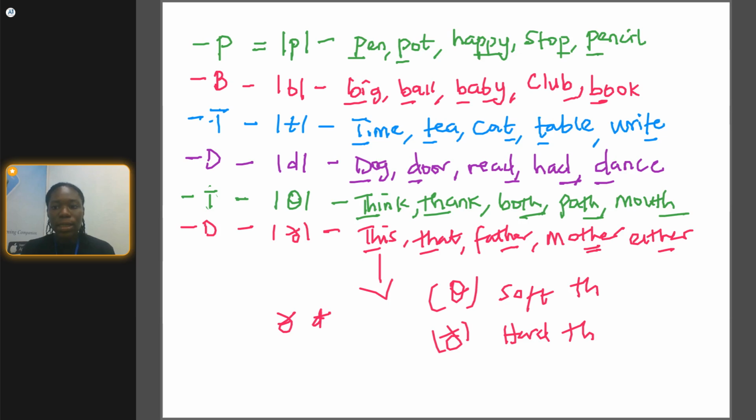I mentioned that letters, just like we did for vowel class, are different from sounds. We have 21 consonant letters, but we have 24 consonant sounds, and these sounds are coming from the 21 consonant letters.